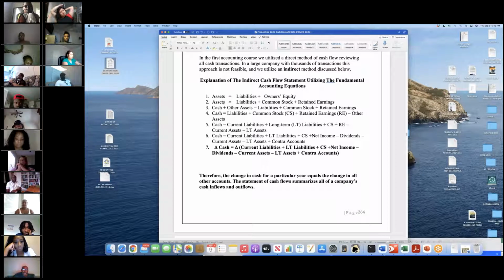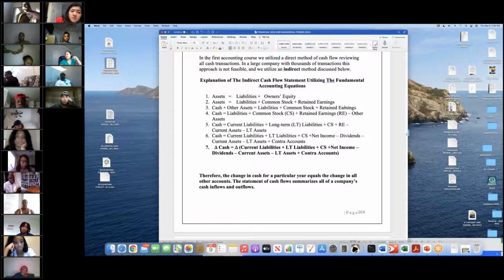Then we expand it: assets equal liabilities plus common stock plus retained earnings. Then we pull out cash separate from the other assets. Cash plus other assets equal liabilities plus common stock plus retained earnings.